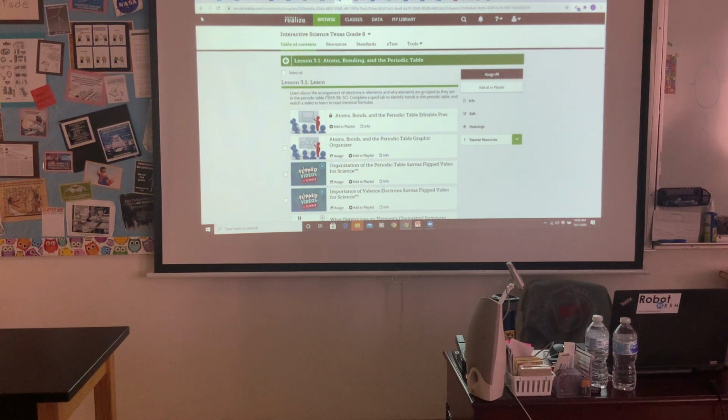Sodium is right here. So the ones that are going to have the same number of valence electrons are everything in the same column. This is a group, and when we're talking about groups 1, 2, 13, 14, 15, 16, 17, 18, we can find the valence electrons by looking at the ones place of the group number.